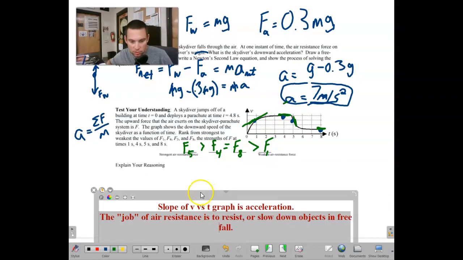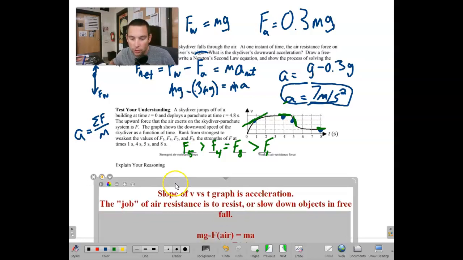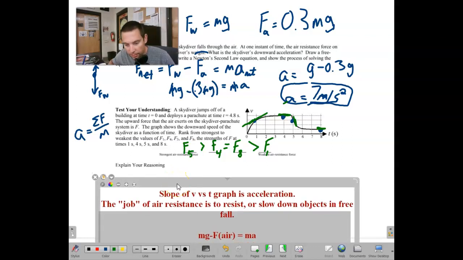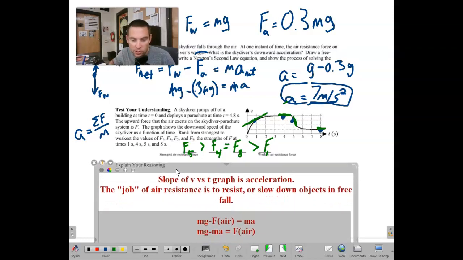And that explanation starts off with the slope of velocity versus time graph is acceleration. We also can note that the job of air resistance is to resist or slow down objects in free fall. So, using Newton's second law, mg minus F air equals mass times acceleration. Stuff that makes it go minus stuff holding it back equals mass times acceleration.